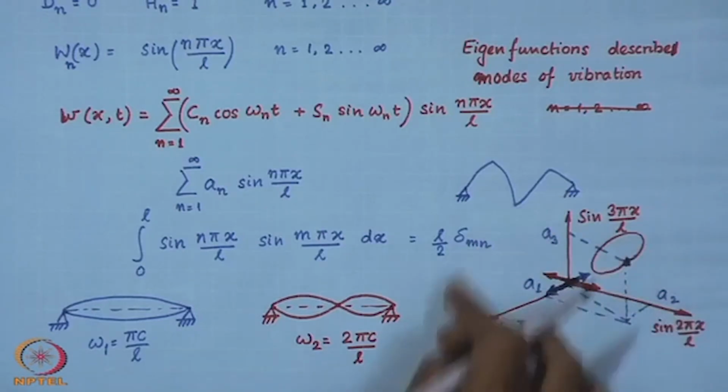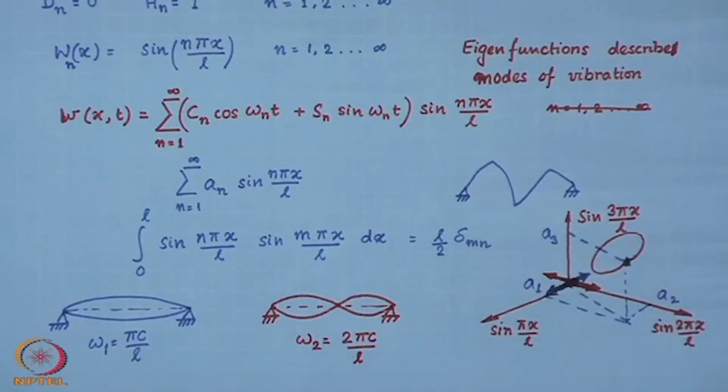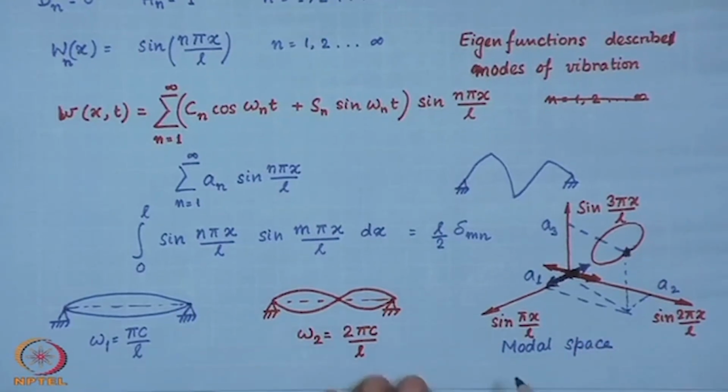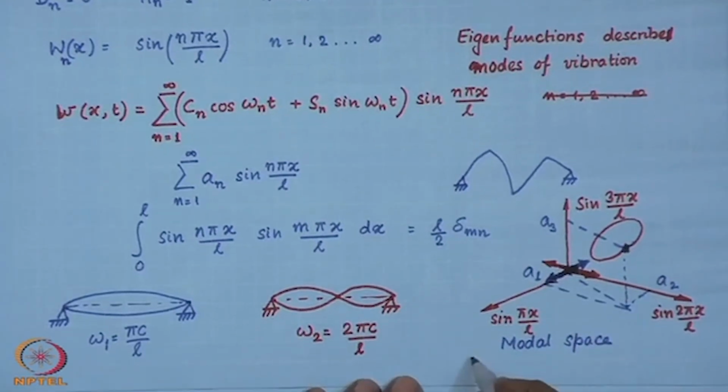This infinite dimensional space is sometimes called the modal space, or sometimes also the configuration space of the string.